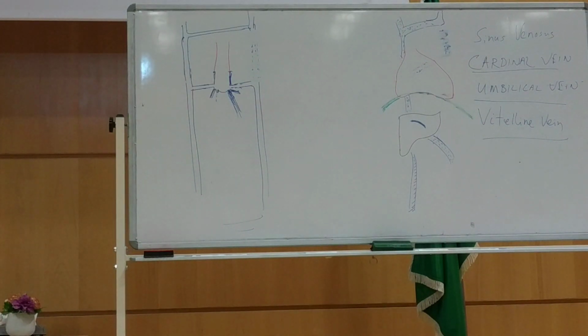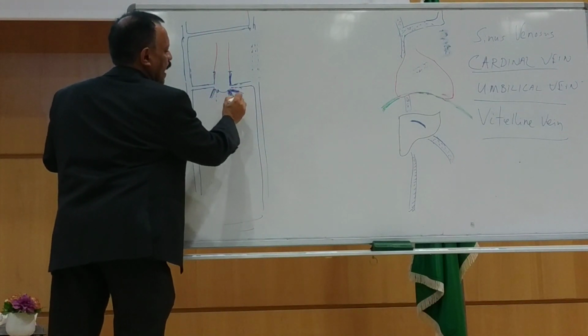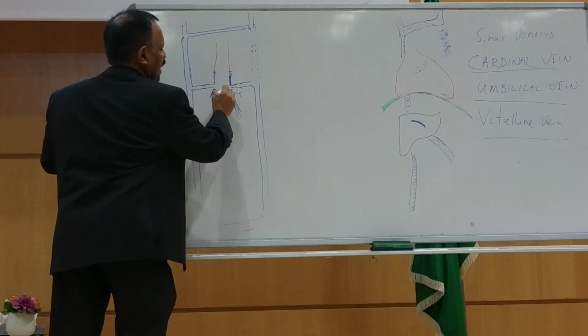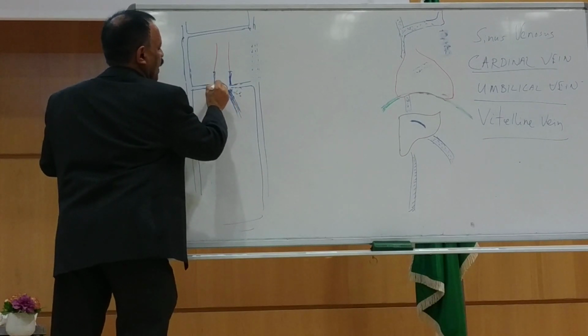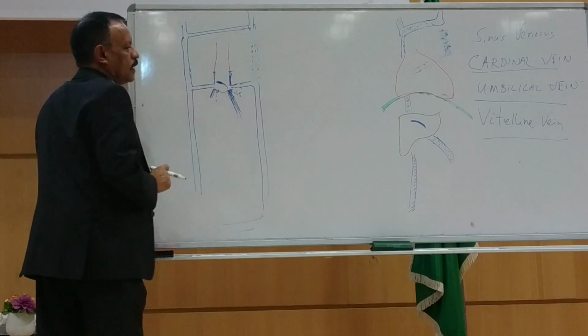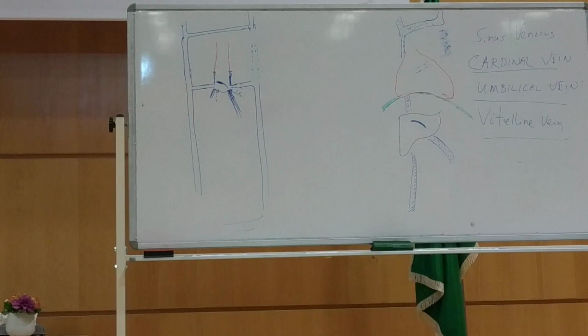The left vitelline vein is the portal vein. Now, this one is called the left umbilical vein, which disappears. But initially, it joins this way. This is the joining part from the left umbilical vein that forms your ductus venosus.